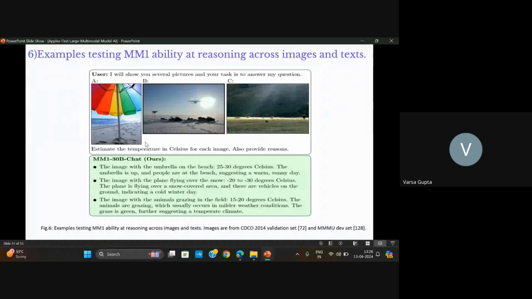So this shows that, given the image itself, MM1 can determine the scenario and is also able to give the temperature ranges that might fit these images.